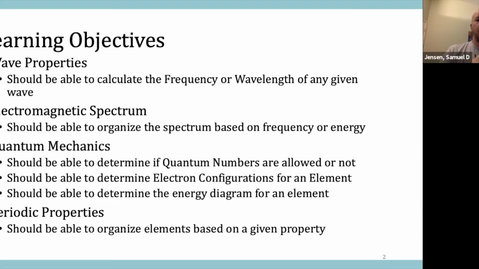And then lastly, we have the periodic properties, which we've already talked about some of. A lot of this is identifying various trends of the periodic properties, knowing which element is higher in electronegativity than another. This one has less in the way of math.